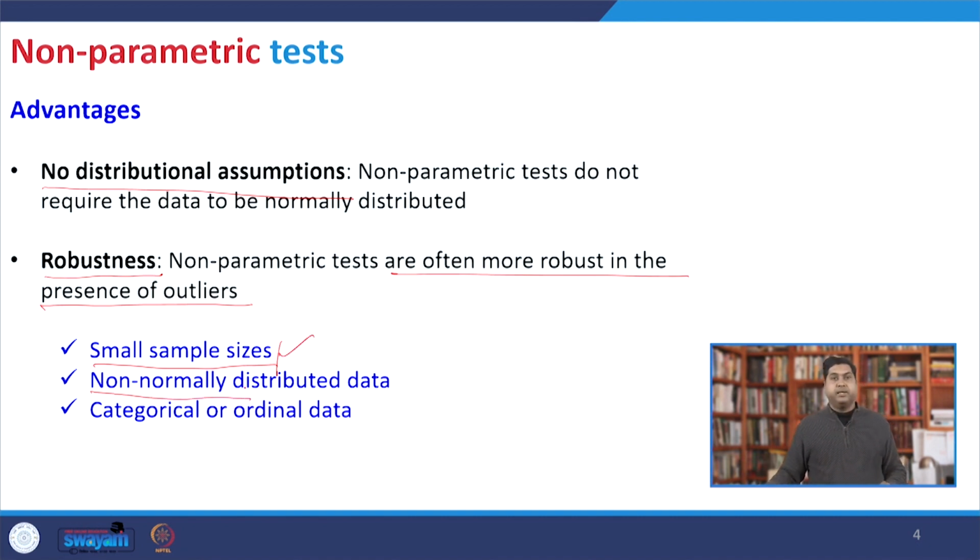Non-normally distributed data: as I already mentioned, say you collect information where you assume that the data should behave normally, but it does not. Depending on the field and the nature of the questions, the distribution of data will be decided. It is not in our hands, though there are certain set rules.